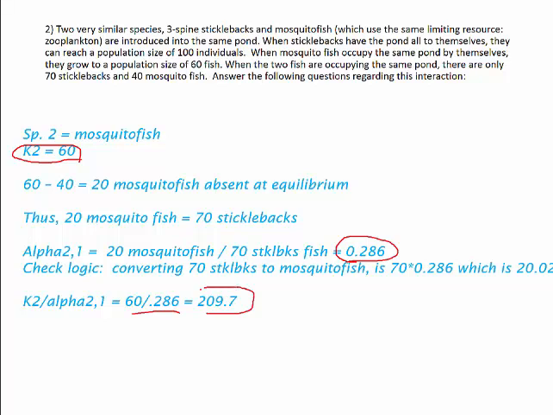That comes out to 209.7, or if you want, you could round that up to 210. Now we have all the data we need to graph the Zinji for the mosquito fish. We've got the carrying capacity K2, and we've got K2 divided by alpha 2-1. So we are ready to do some plotting.